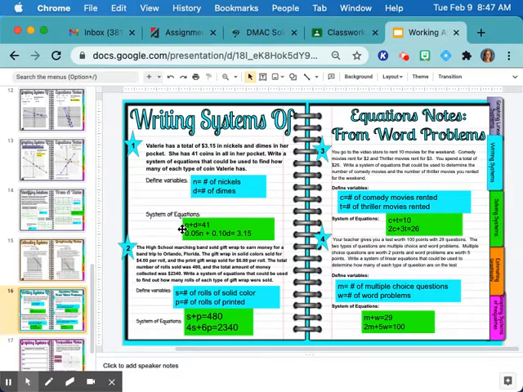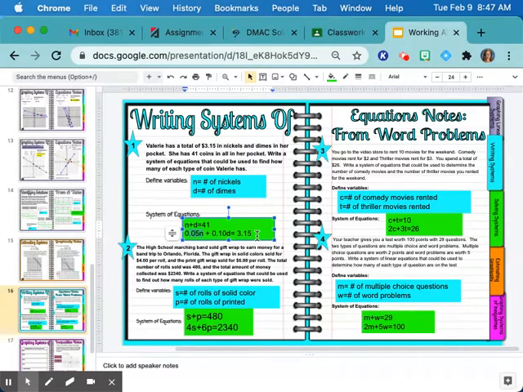We have n plus d equals 41. And then we have n again, and then d, and then equals some number. So that's called standard form. When it's in standard form, we can use the matrix. If it's not in standard form, then we have to convert it over to standard form, which we've learned how to do, and then put it in the matrix.